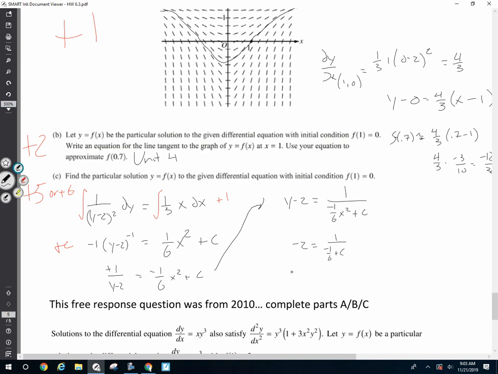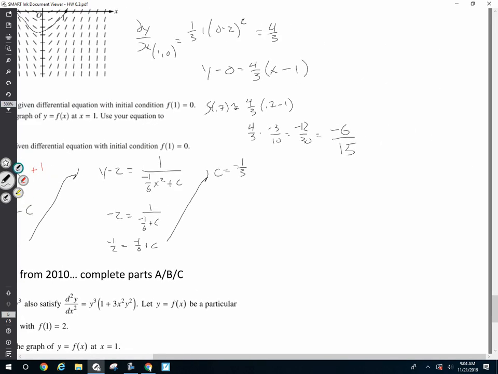Flip both sides, negative 1/2 equals negative 1/6 plus c. Add a 6, so that's negative 3/6 plus 1/6 is negative 2/6, which is negative a third.